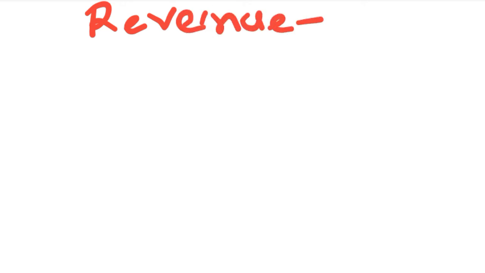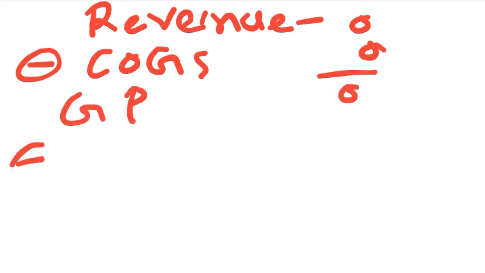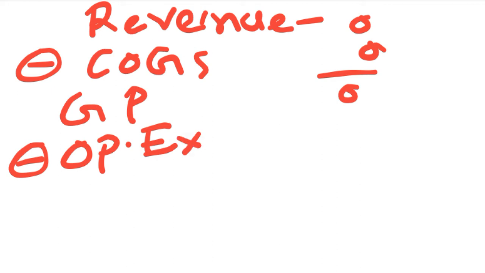So this is the continuation from the previous slide. We have revenue less cost of goods sold is equal to gross profit. Okay, then less operating expenses, right?